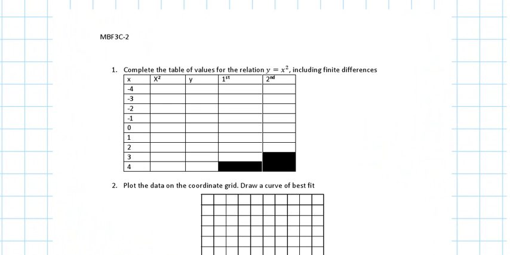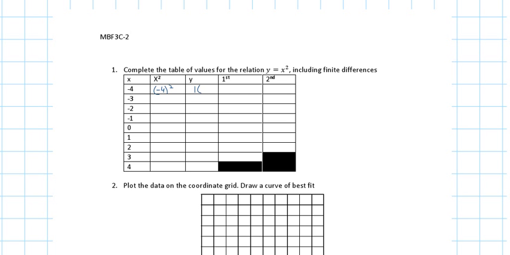So if x equals -4 and I plug in -4 squared, what do I get? So if I put -4 squared, what do I get?